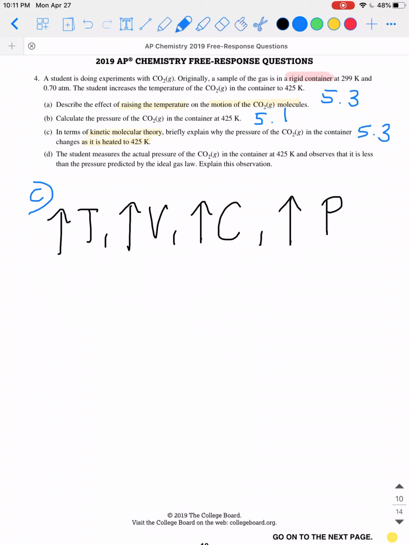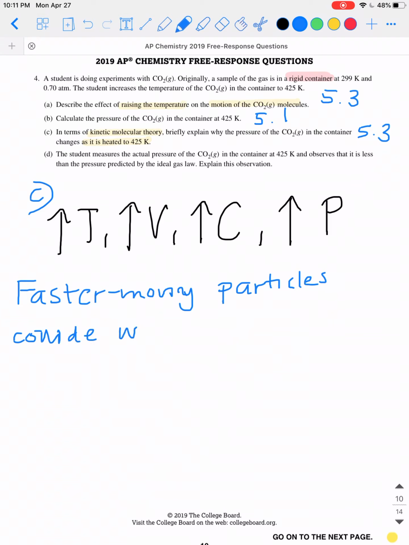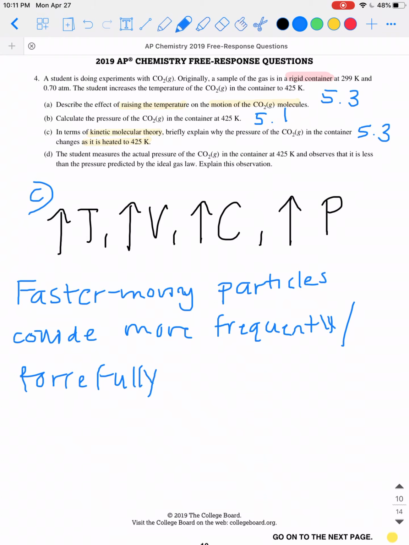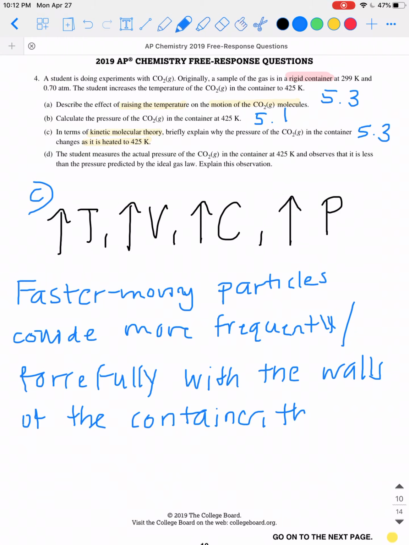So if we were to summarize that, we'd say faster moving particles collide more frequently or forcefully with the walls of the container, thus increasing the pressure. If you say forcefully or frequently, you'd get credit.